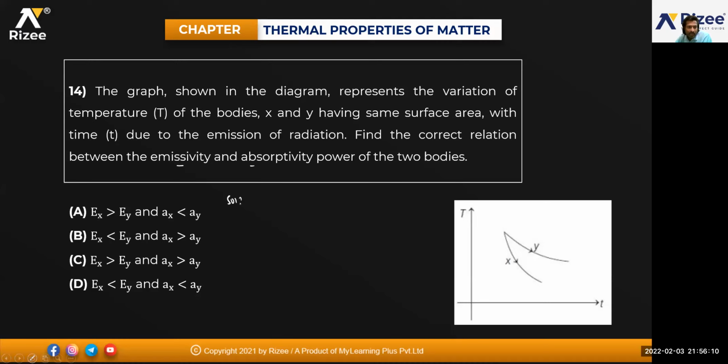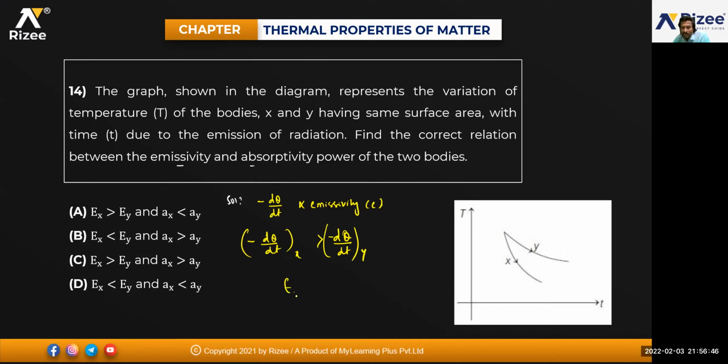That means I can write here right now in terms of the rate of cooling, that is minus d theta divided by dt is directly proportional to emissivity. If it is not a black body, it is directly proportional to emissivity. That means minus d theta by dt of X will be greater than minus d theta by dt of Y. There is more rate of cooling for X compared to Y, beta.